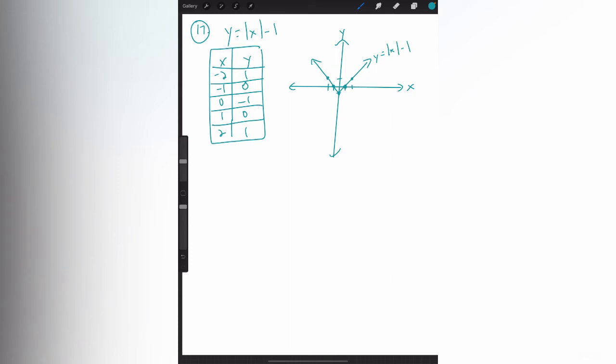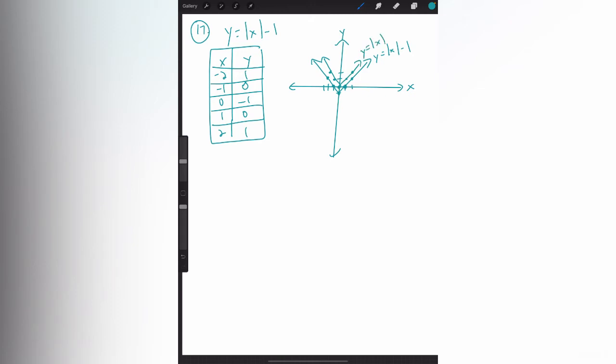But if you were to graph just y equals the absolute value of x, that's going to be a shape that looks like this. Okay, so this would be y equals absolute value of x.